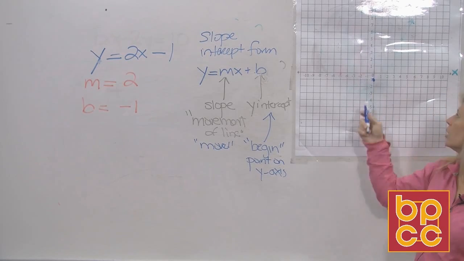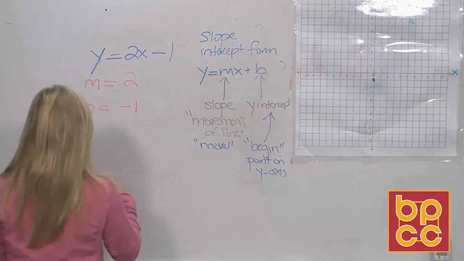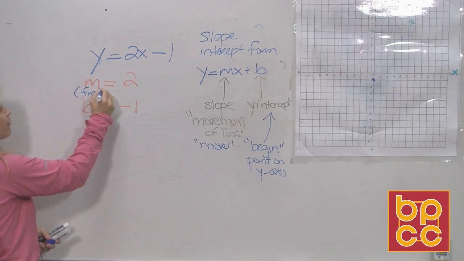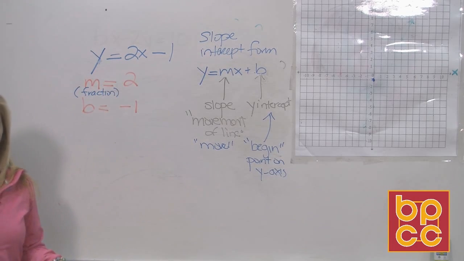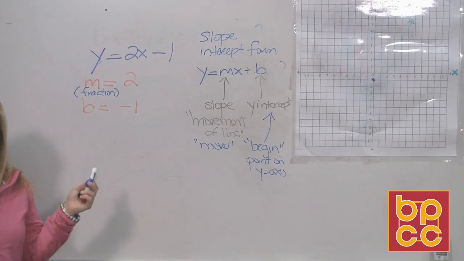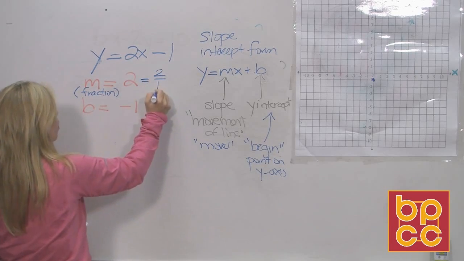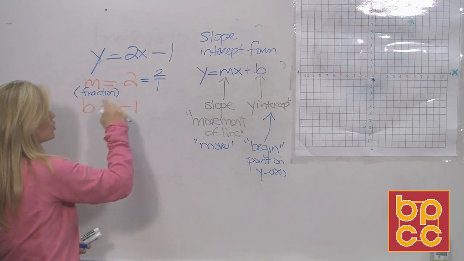That's one option. Do you move right or left? That's a second option. So what you're going to learn is when we talk about slope, it should always be written as a fraction. So how do you take any whole number, 2, and write it as a fraction? You write it as 2 over 1. Everybody agree with that? 2 divided by 1 is 2.